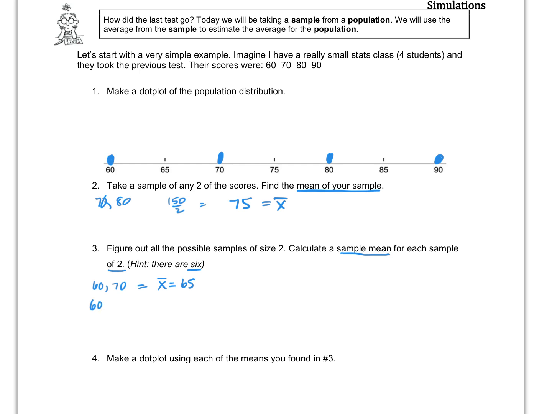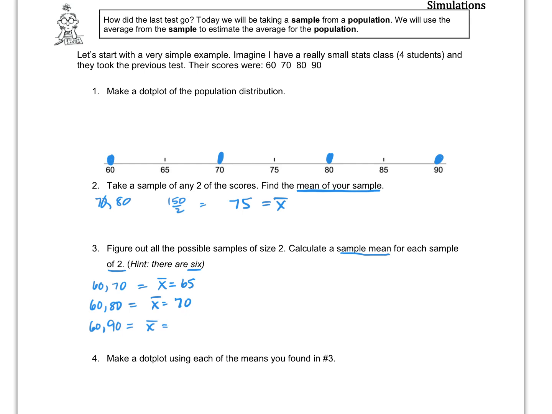Sample of size 2, 60 and 80. Add those up, you get 140. Divide by 2, you get 70. And then 60, 90. If I add those up, I get 150.